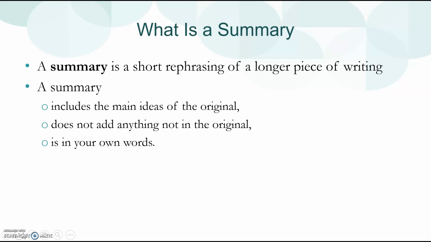A summary is a short rewording of a longer piece of writing. It uses your words, not the original author's. It includes the main ideas of a text. It provides an overview. It doesn't use the same wording or copy the sentence structure if it's a written piece of work.